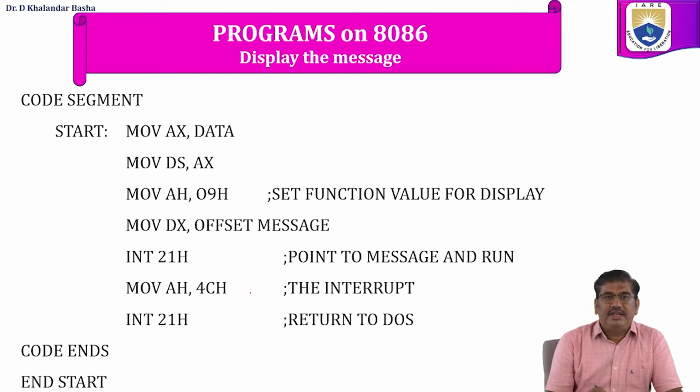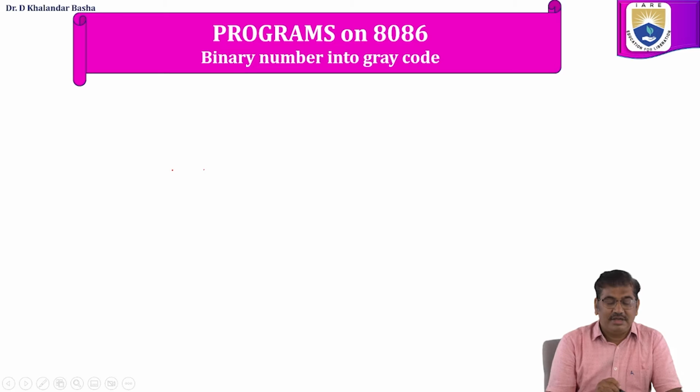START indicates the label for the start of the program. The first two instructions load the data segment address assigned by the assembler into the data segment register, using MOV AX, data followed by MOV DS, AX. First the address is loaded into the AX register, then the AX register contents are loaded into the data segment register.